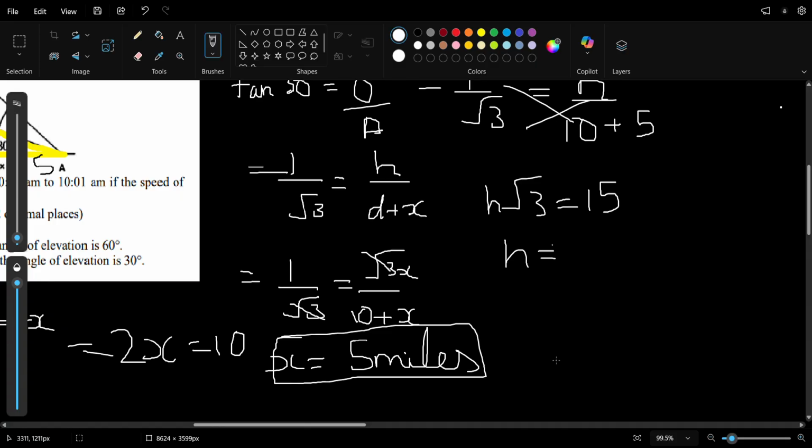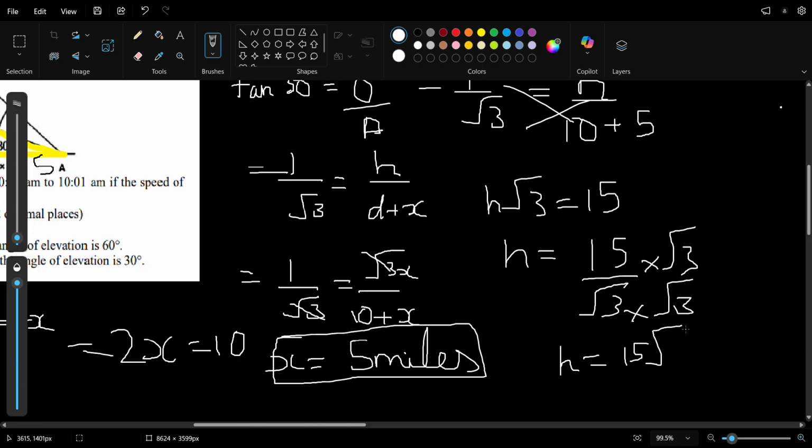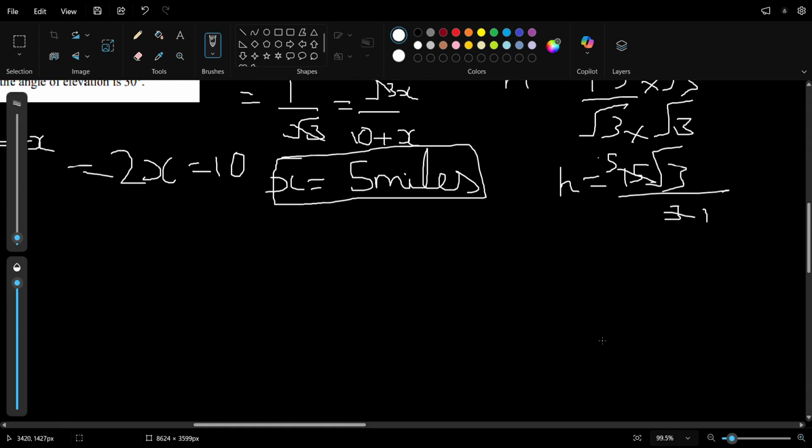H is equal to 15 upon root 3. Now if you make the denominator rational, you multiply by root 3. Then you get h is equal to 15 root 3 by 3. You cancel and get 5. So now we have h is equal to 5 root 3.